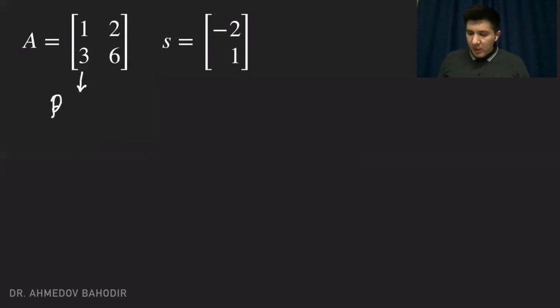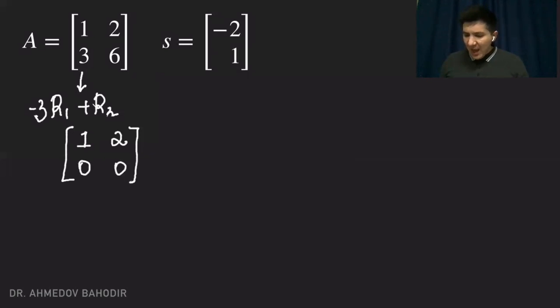By multiplying the first row by -3 and adding it to the second, we get the row echelon form, which is 1, 2 and 0, 0. The column which has the pivot, in this case 1, is going to be called the pivot variable x1, and the column which doesn't is going to be called a free variable x2.